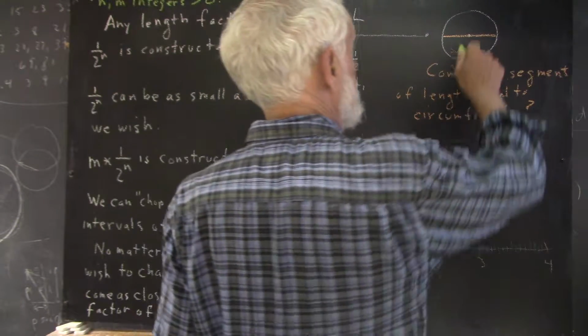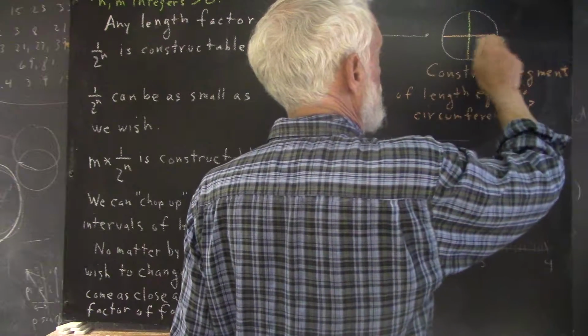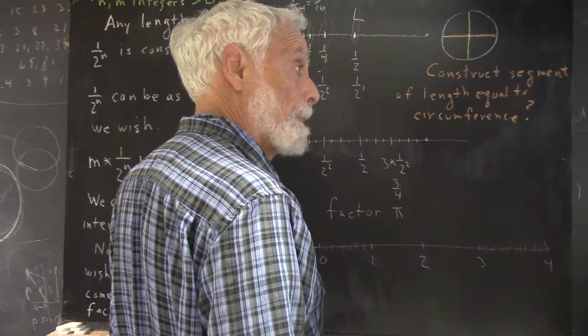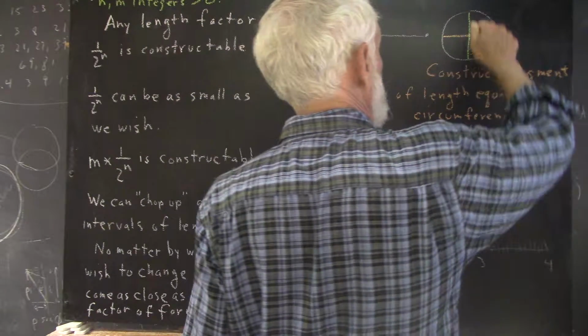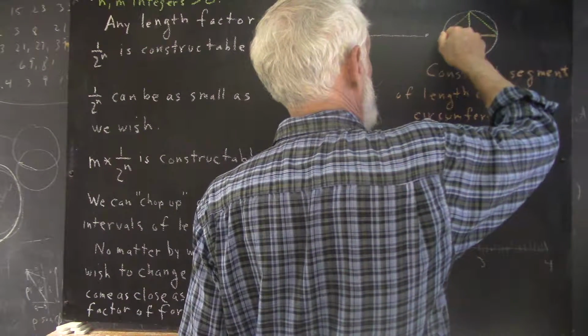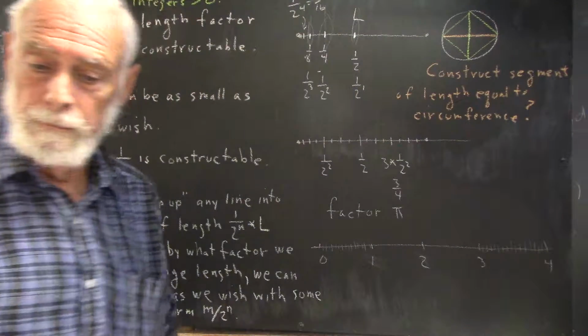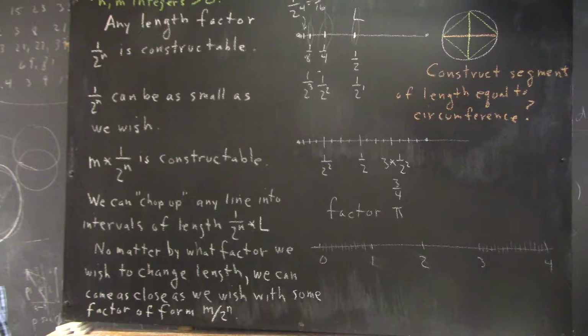So first thing I'm going to do is construct the perpendicular bisector of this diameter, and then I'm going to take this length, this length, this length, and this length, and add them together.